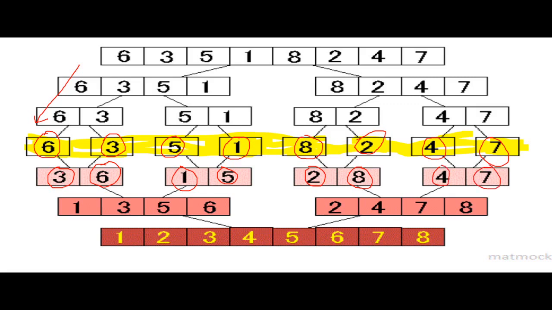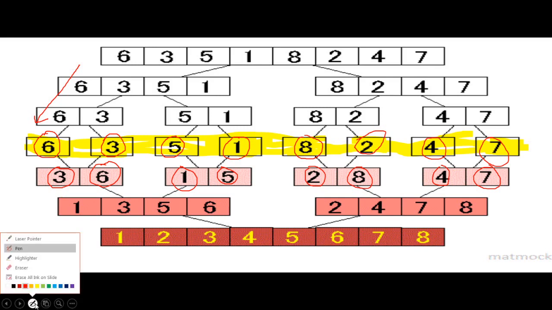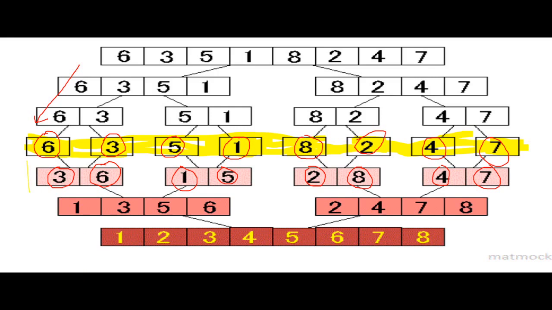Now we have to merge the arrays of two elements into arrays of four elements. Like this, the 3, 6 elements will be merged with the 1, 5 elements. While adding these elements, we compare the first element of the first array with the first element of the second array.